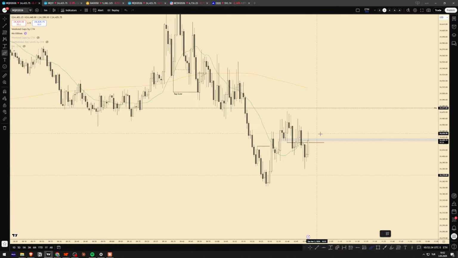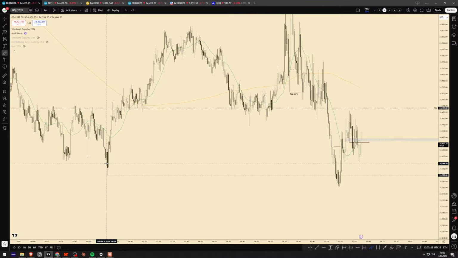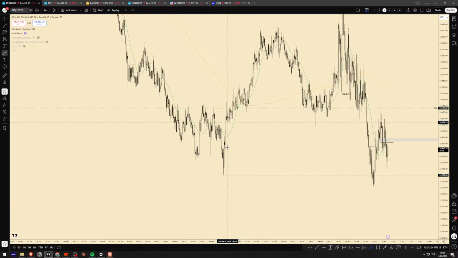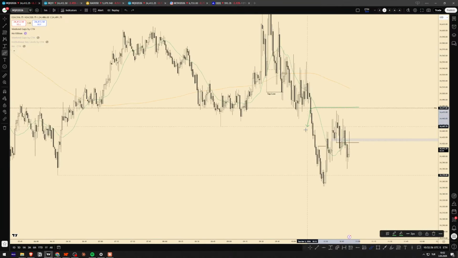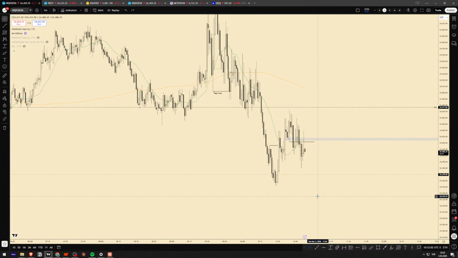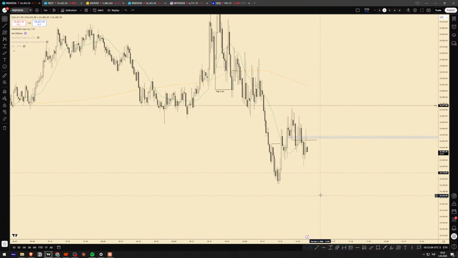Essentially, it is consolidating right below the previous day low. This could be something similar to this one. It wouldn't be a surprise to see this kind of price action during pre-session on London or Asia. But seeing this in the AM session after 10 AM tells me that, boy, be cautious today.